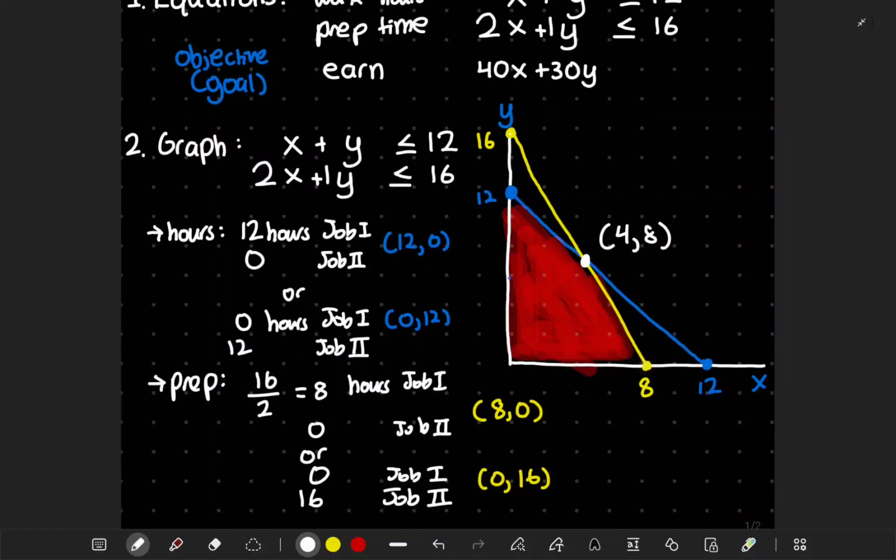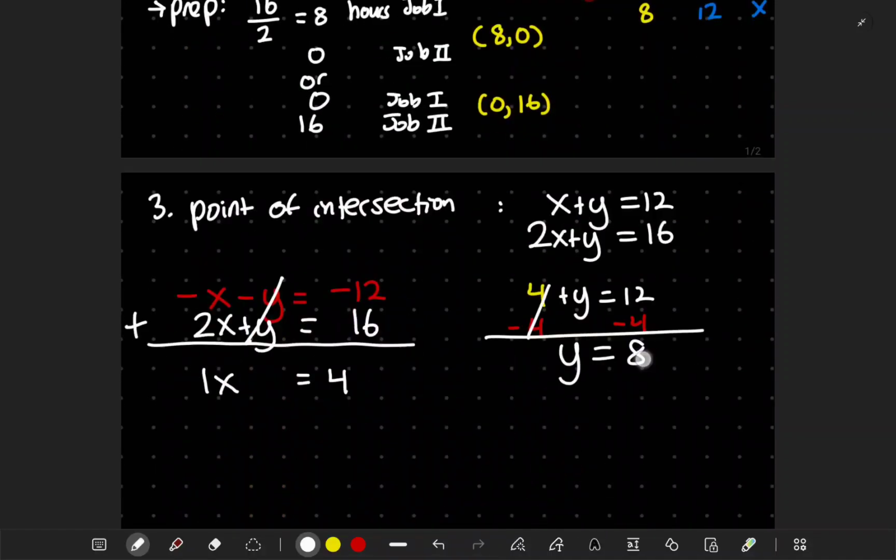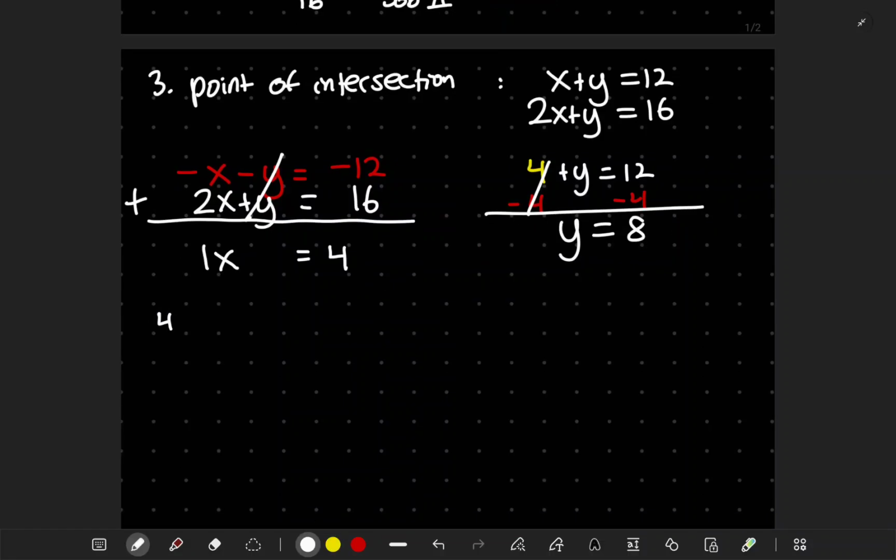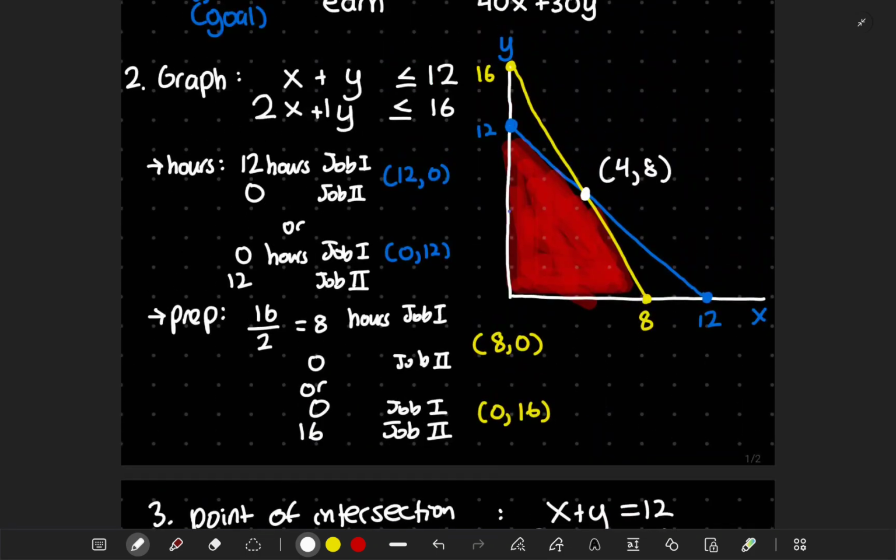With that being said, how am I going to figure out which one will give me my max profit? This is the last and final step, which we call testing points. If you remember anything about linear programming, the region that satisfies both lines, these 3 dots are usually the ways that we can confirm which one's the maximum.